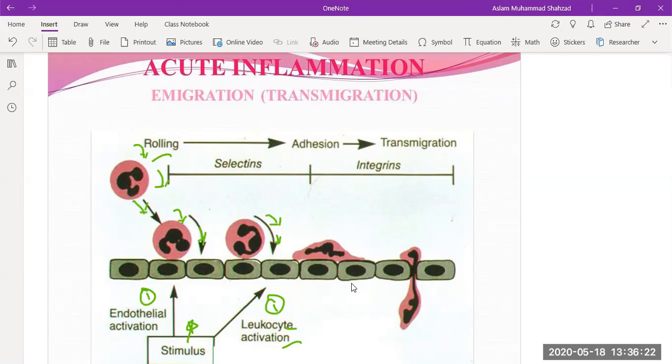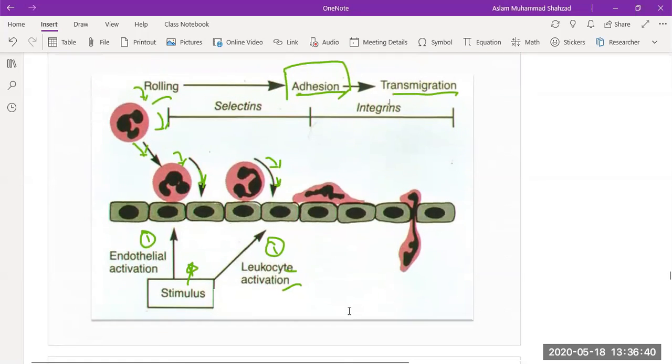Then they start to adhere and stick together. They stick on the wall of the endothelial cells, and then in the later stage they go for transmigration. It means that they can cross the endothelial cells, and then they migrate to other parts of the tissues.